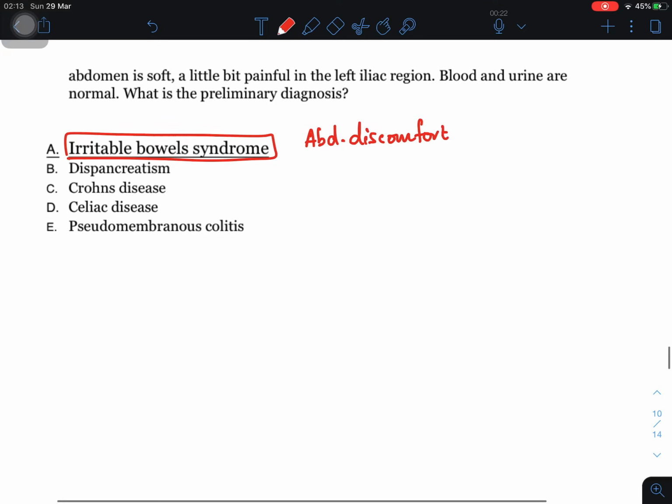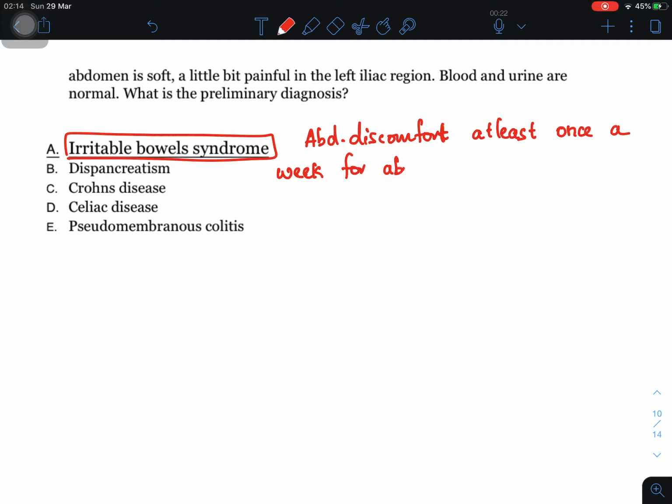So abdominal discomfort in the patient, right? How many times? At least once a week for about 3 months. Is that enough?